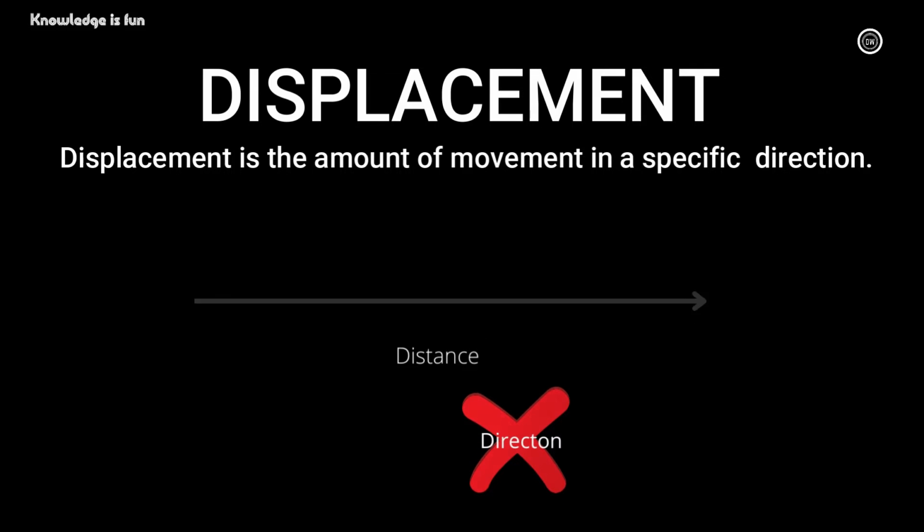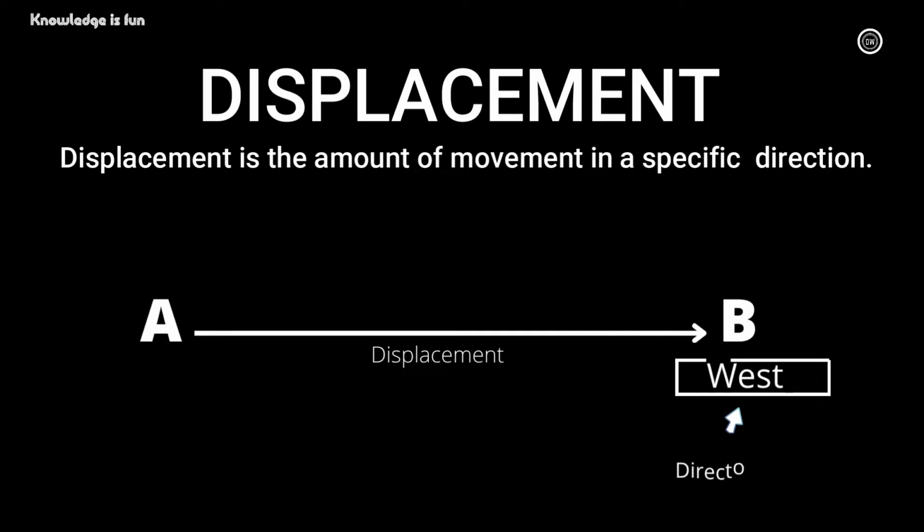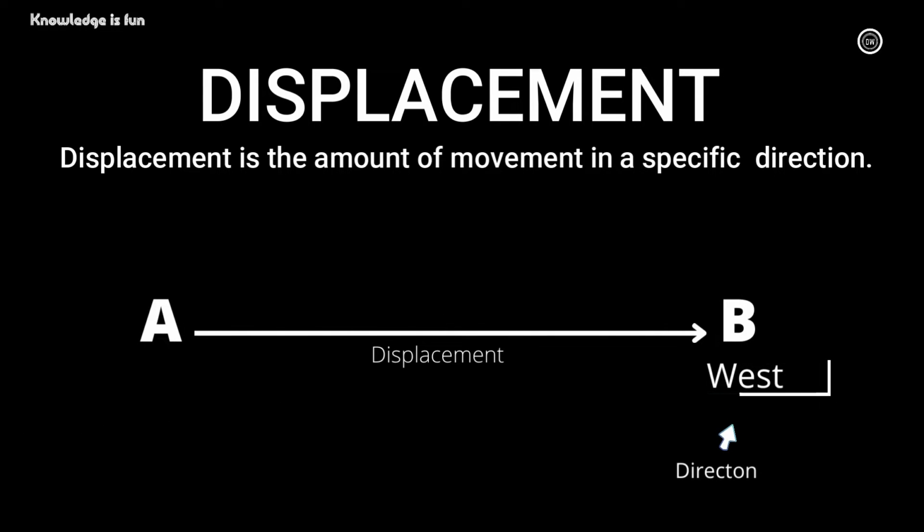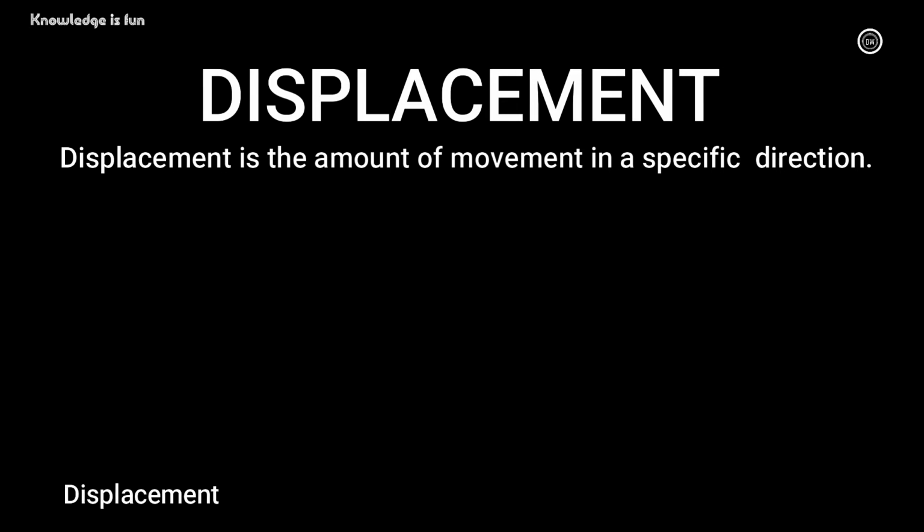But for displacement, if you travel from point A to point B with a direction, for example when you're turning left or when you're turning right, okay, that is displacement. So displacement comes with a direction. So distance does not have direction while displacement has direction.